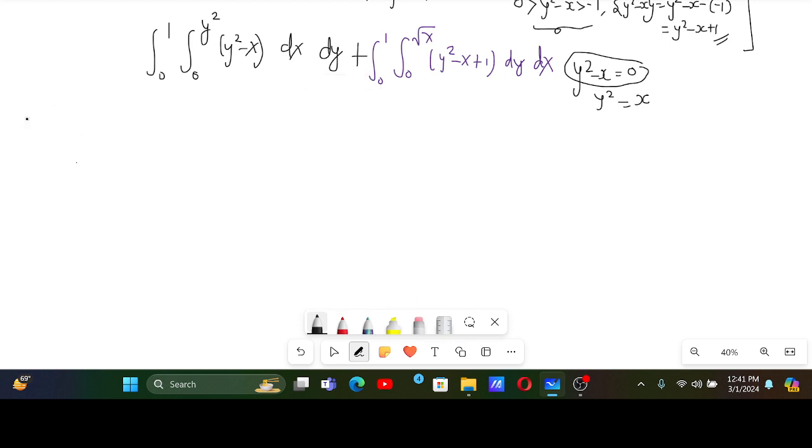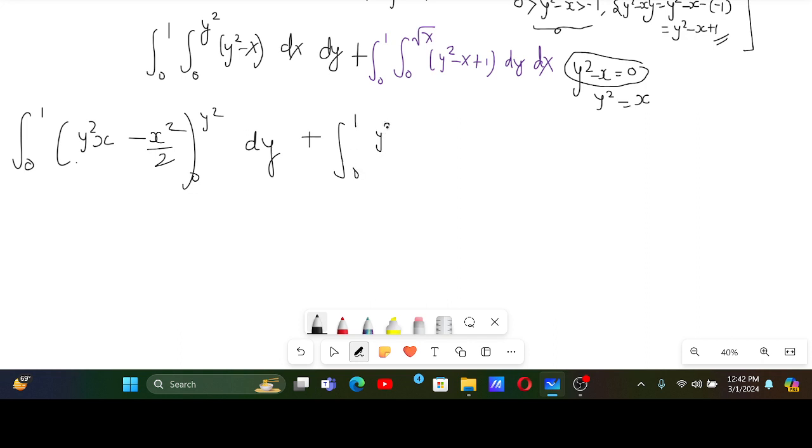Okay, now let's do it. Now it's going to be fun. Now it's just y square x minus x square by 2 from 0 to y square, and then dy, plus 0 to 1, y cube by 3 minus xy plus y from 0 to root x dx.